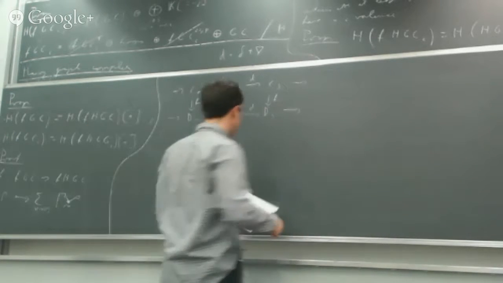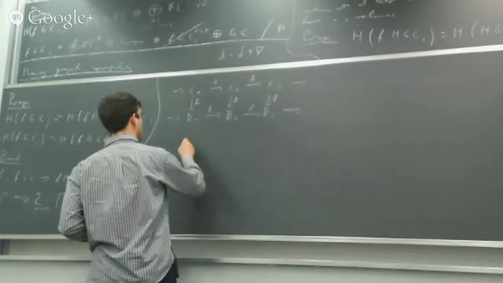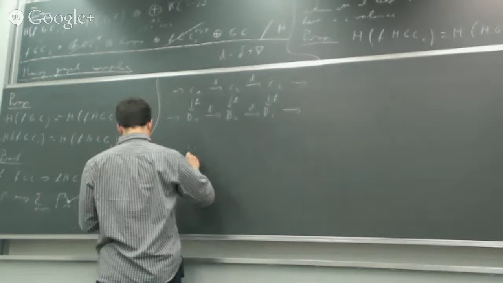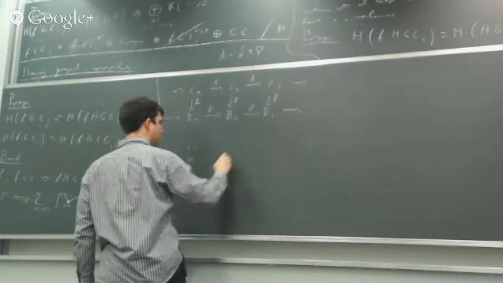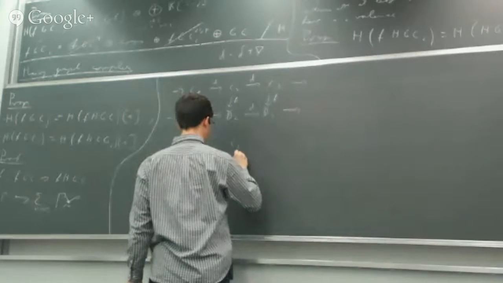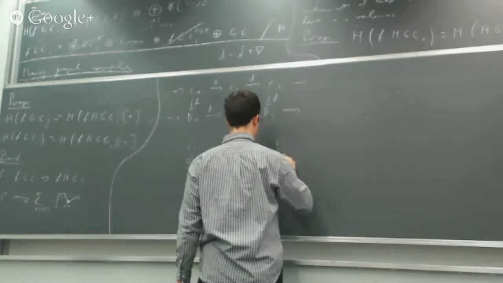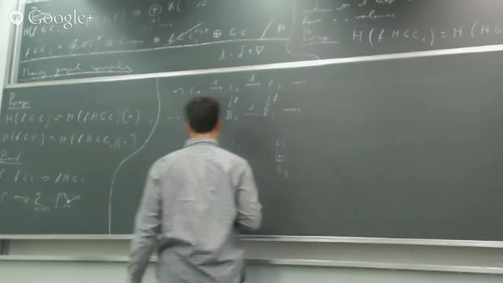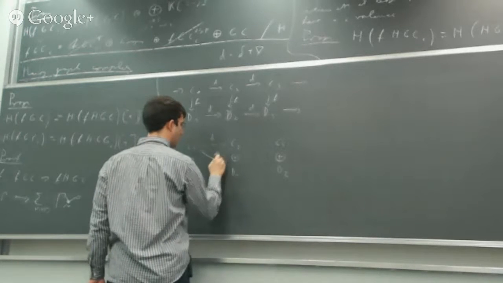Okay. Then this thing: C1 plus C2 plus C3 and so on, where I have D here, F here, and D here.